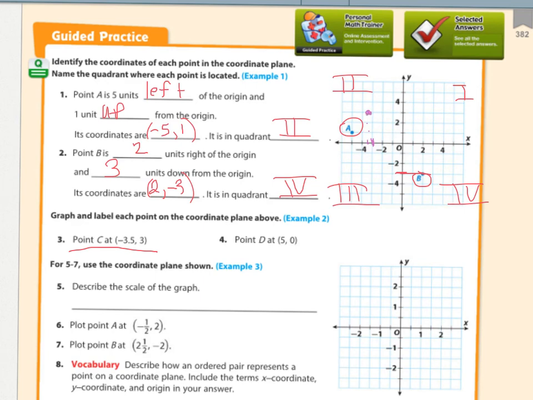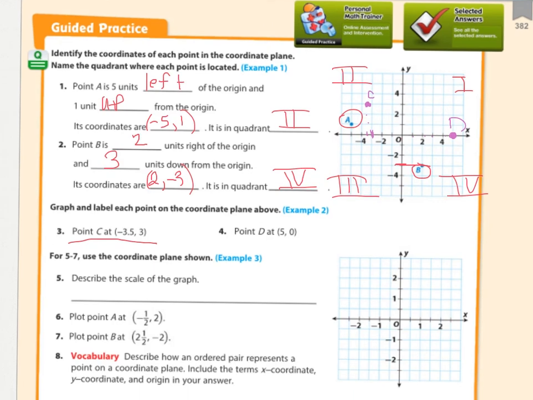So it's right there. I'm going to put a C there. And then D is at 5, 0. So run to 5. 1, 2, 3, 4, 5. And then jump 0. That means don't go anywhere after that. D.